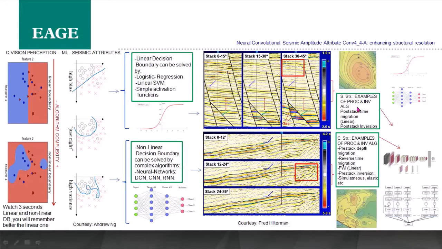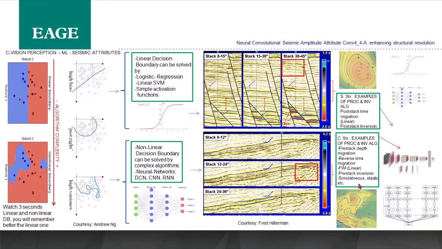As far as seismic is concerned, for simple structures, examples of processing and inversion algorithms are post-stack time migration and post-stack inversion. And for complex structures, examples of processing and inversion algorithms are pre-stack depth migration, reverse time migration, full waveform inversion, pre-stack inversion, simultaneous elastic inversion.